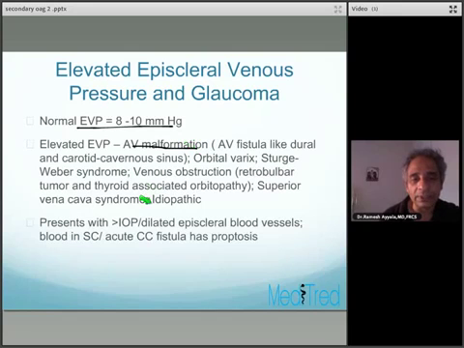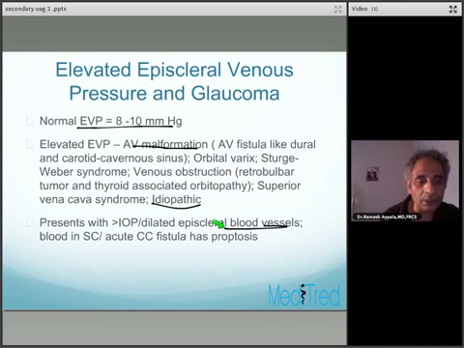All these situations can give rise to elevated episclerovenous pressure, and these patients present with elevated intraocular pressure, dilated episcleral blood vessels that stand out against a white background. This is pretty classic, and a lot of these patients sometimes are mistaken as pink eye patients and treated as such before the actual diagnosis is made.